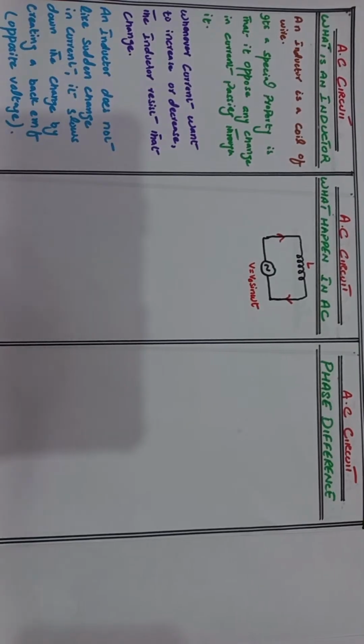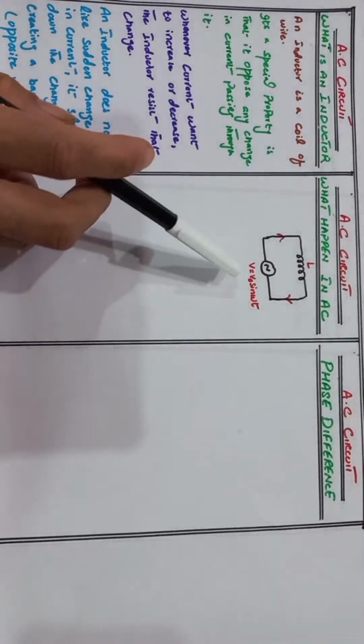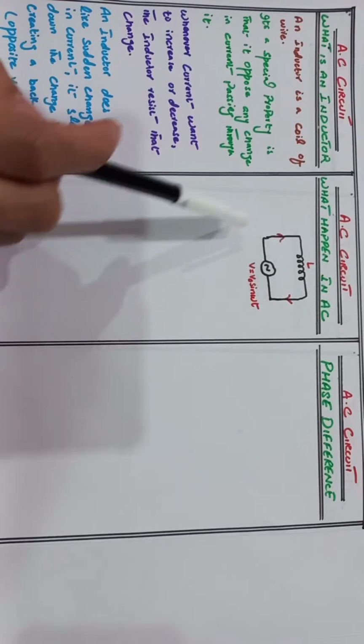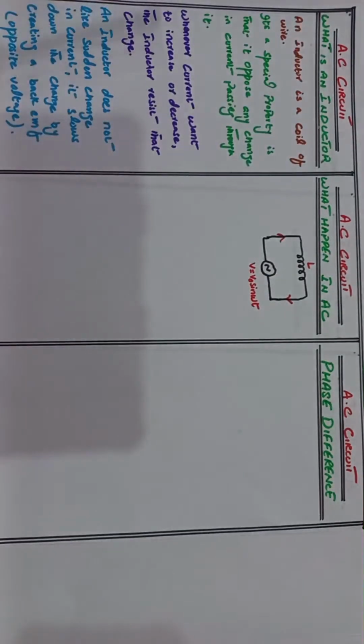Where did I reach? Okay. Here we draw the circuit diagram. In the circuit diagram, we applied the alternating voltage to an inductor.